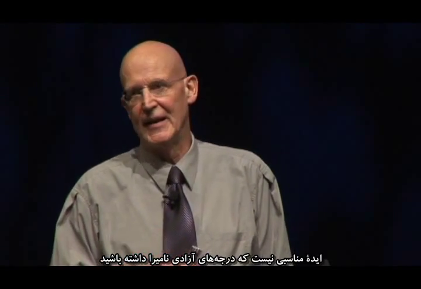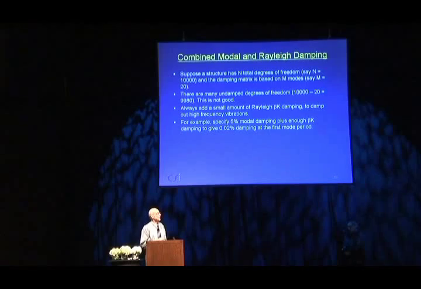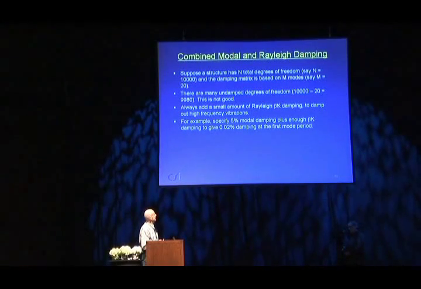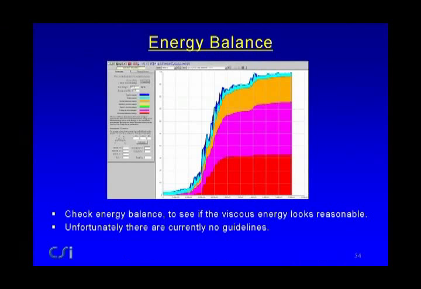It's not a good idea to have undamped degrees of freedom floating around. They can create problems for you numerically. So what we recommend is you add a very small amount of Rayleigh beta K damping to damp out the high-frequency vibrations, just a very small amount. And this also seems to work well. It doesn't add anything significant to the total energy dissipation, but it does stabilize the solution process.